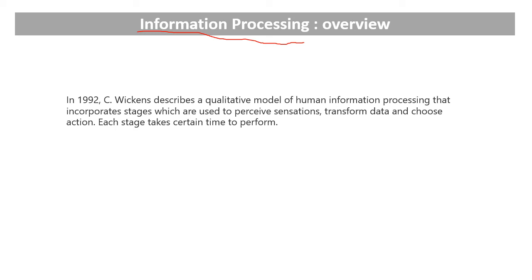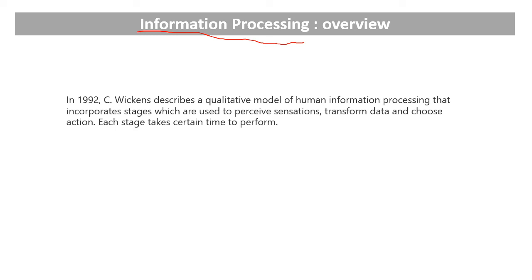It is basically whatever data you have gathered from your sense organs and also whatever data you have in your memory. In order to process or compute any information, what happens within us? That is what comes under information processing.